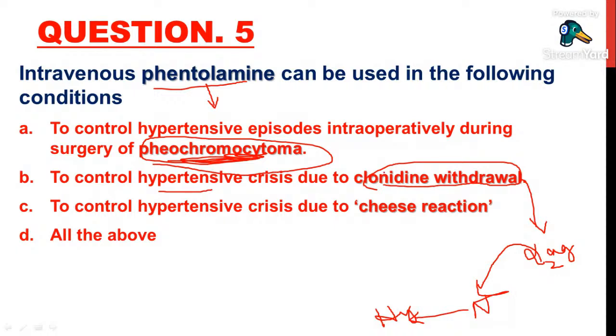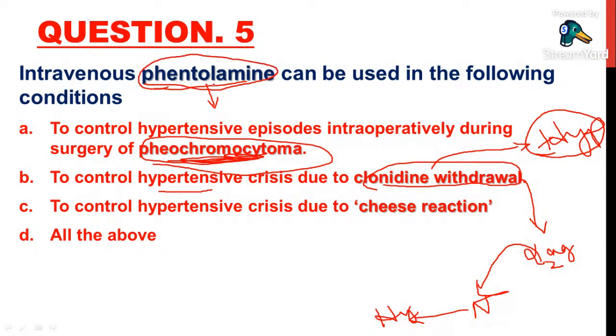Sometimes, when clonidine is suddenly stopped, the patient will develop severe hypertension. Clonidine is a centrally acting antihypertensive drug. When clonidine is withdrawn, the patient will develop severe hypertension. So in those cases also, to treat hypertension, phentolamine intravenous administration is used.